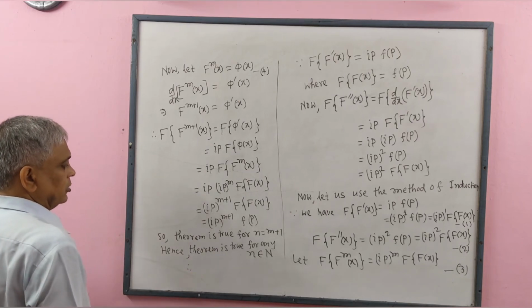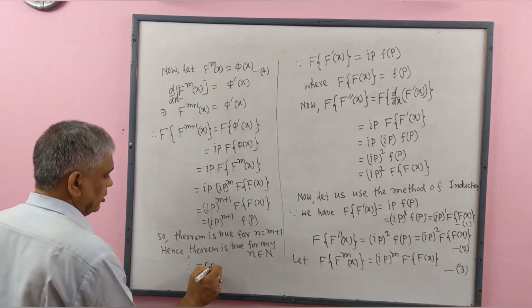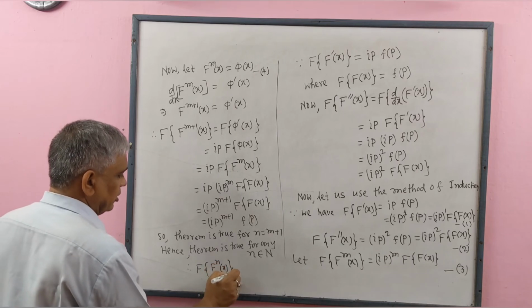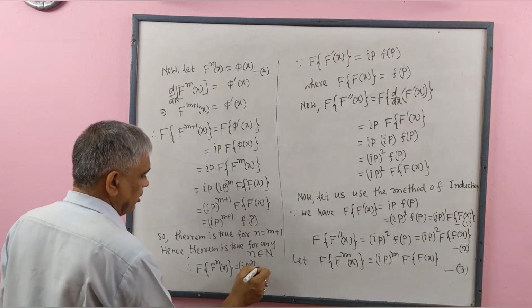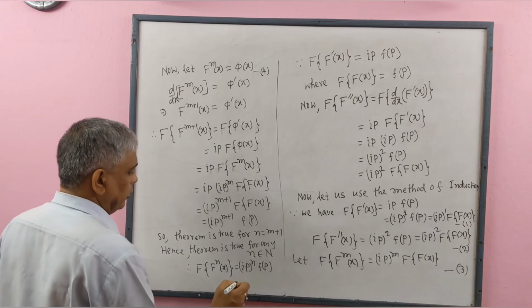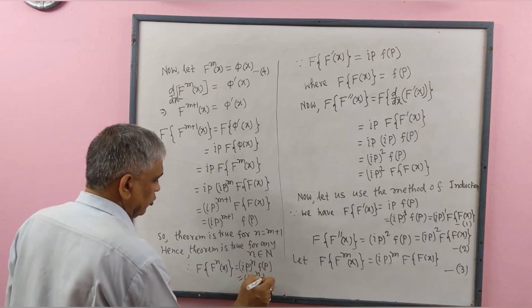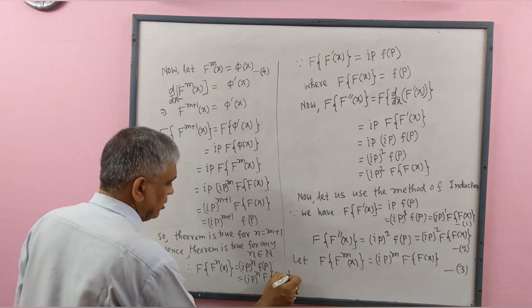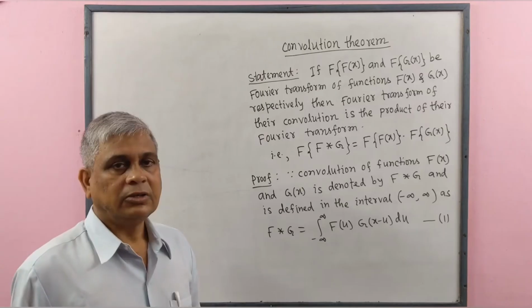Therefore, the Fourier transformation of the nth order derivative of f(x) equals ip to the power n times small f(p), or ip to the power n times the Fourier transformation of f(x). Proved.